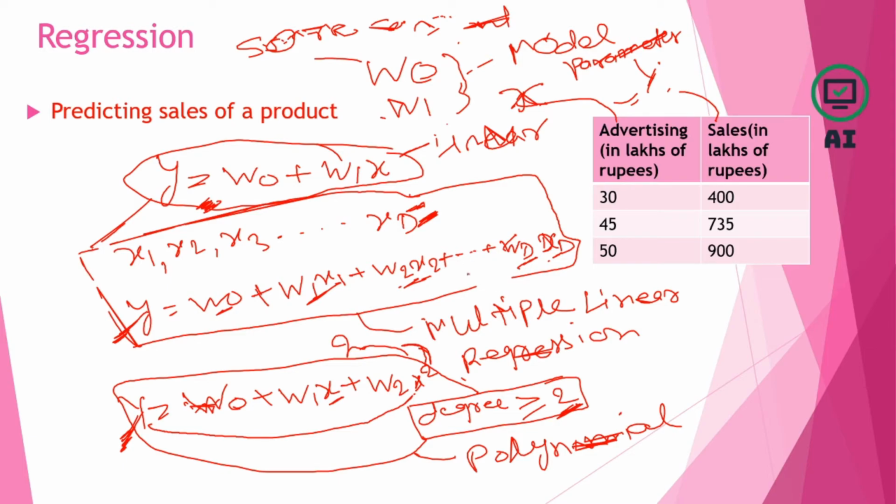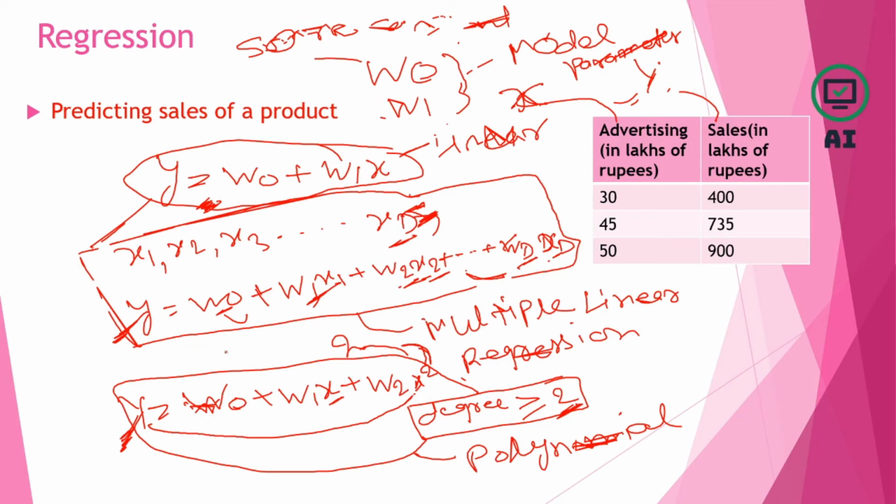Why do we say this is multiple linear regression? Because here we can see there are d variables. So multiple variables are there, and y is dependent on all the variables with some coefficient or constant parameter. Here the resultant regression is called multiple linear regression.